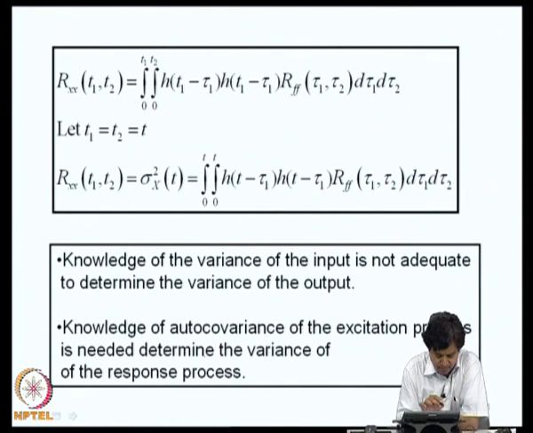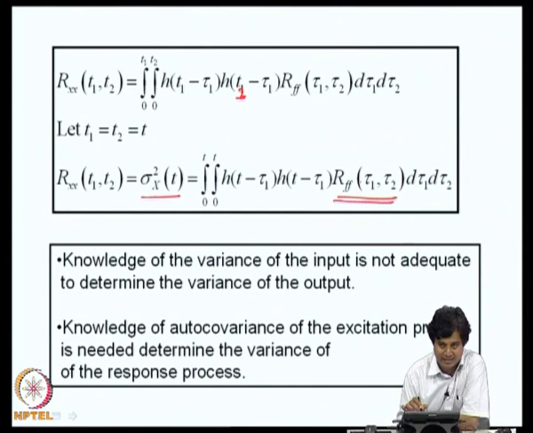Now, if you let this T1 be equal to T2, the autocovariance function is nothing but the variance, and the variance of the response can be written in this form. So, T1 and T2 become the same, I call it T, but I still need to know the autocovariance of the input. That means, if you are interested in the variance of the response and you happen to know only the variance of the input, you will not be able to determine the variance of the output.